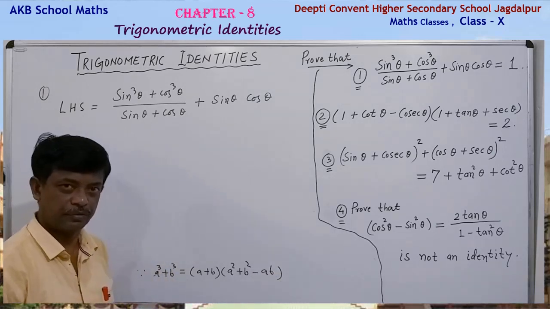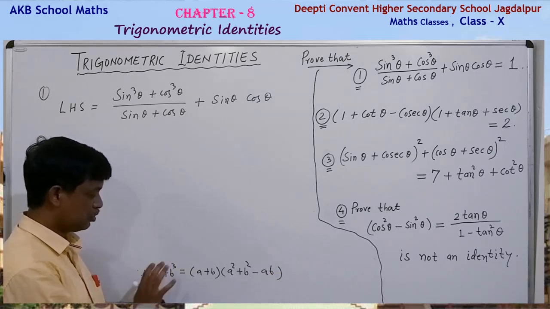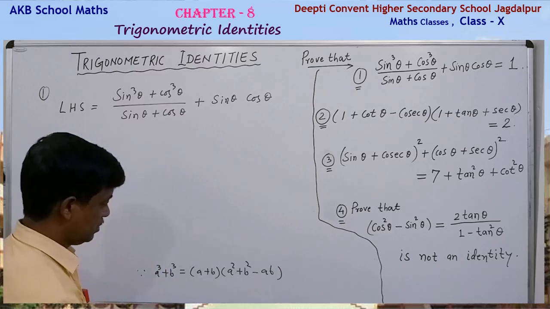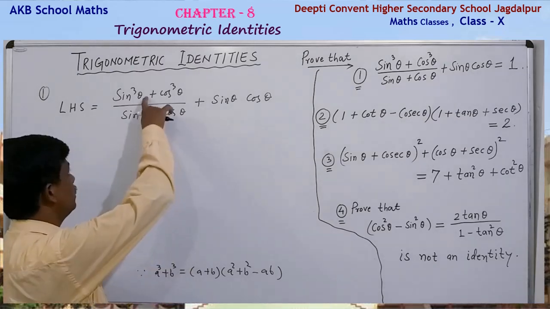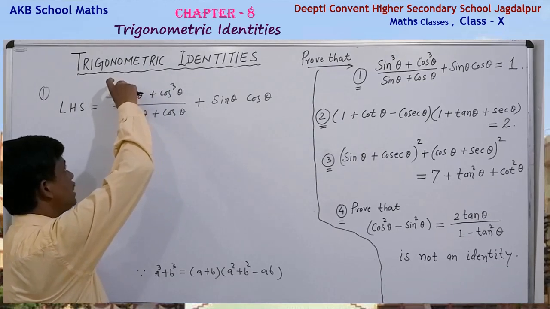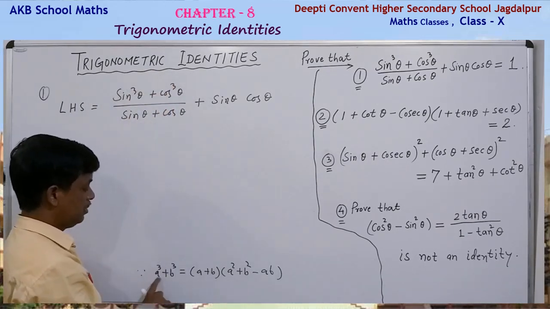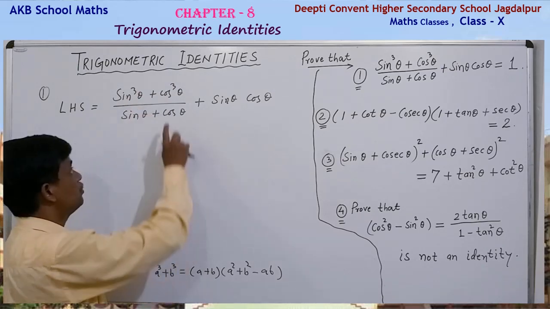From algebra we know this formula. So using this here, in sin cube plus cos cube, in place of a we take sin and in place of b we take cos.